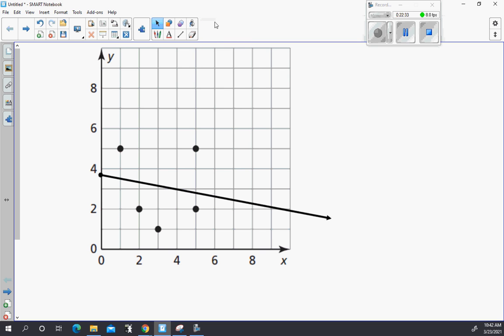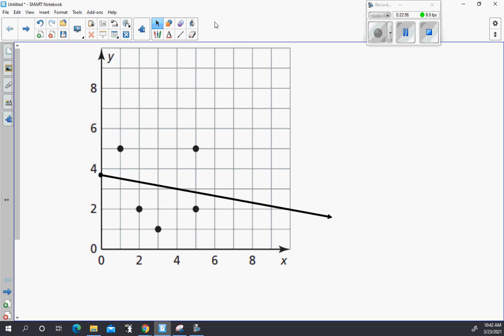Now, I want to find 2 points. Actually, it might be better just to do something like that. Yeah, perfect. Right there. On my line of best fit, I want to find 2 points where it crosses my graph in kind of easy points, right?